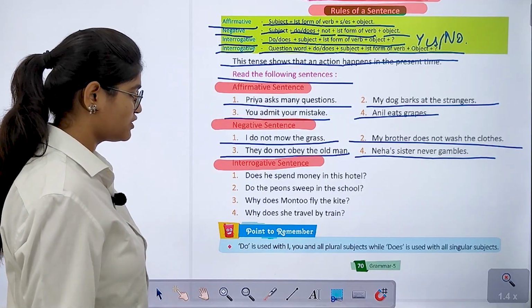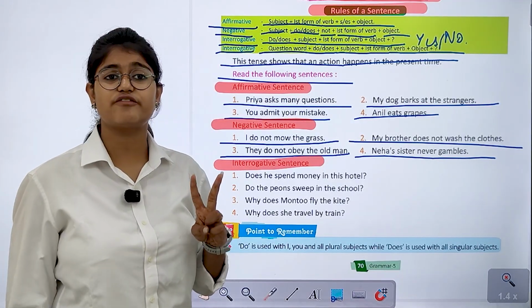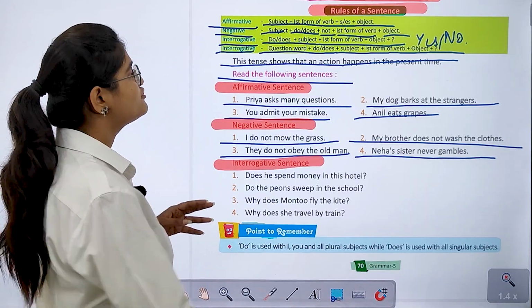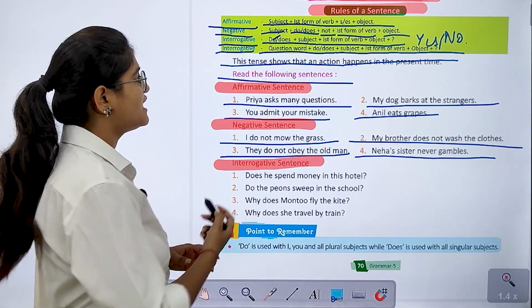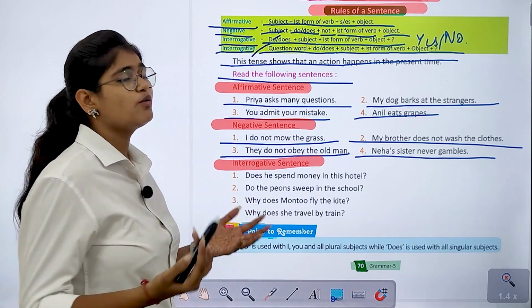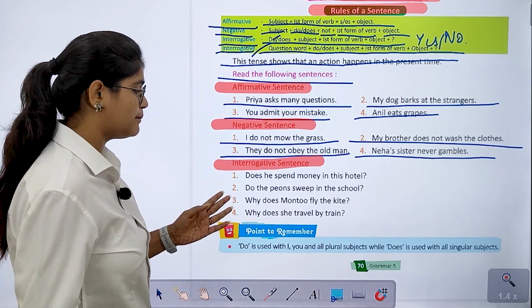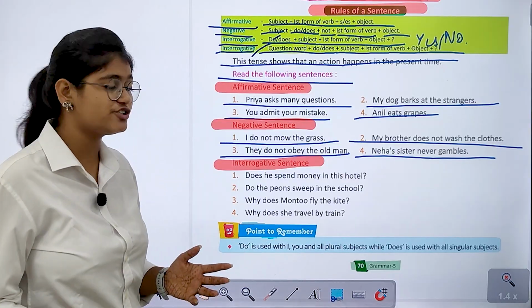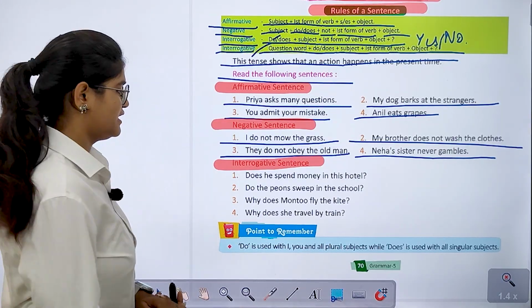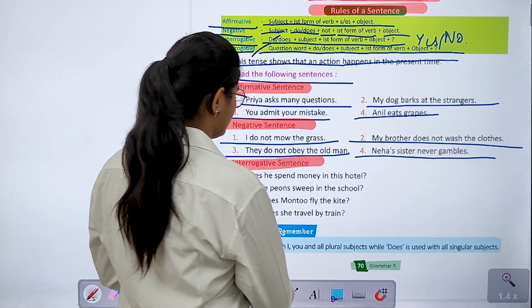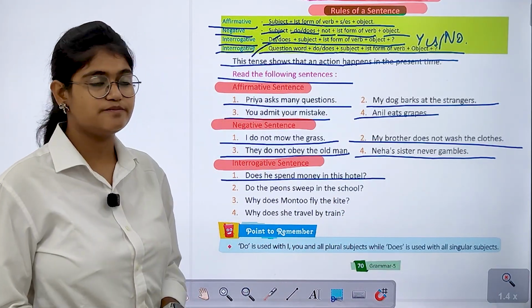Now, what is interrogative sentence? As I told you that there are two formations of interrogative sentence. First one is for the yes or no situation questions, and the next one is for the question word. So first of all we have two examples for the yes or no situation, and the rest one with the question words, right? So the first example is, does he spend money in his hotel?